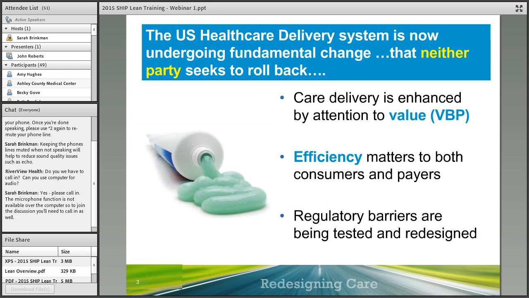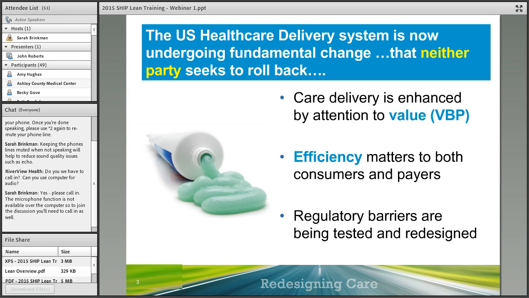So let's start out by taking a look at why I feel like lean and lean thinking is very important to what we're going to do in rural healthcare as we make this transformation to the new healthcare system, whatever that looks like. Everybody knows we're in this change of the U.S. healthcare delivery system.